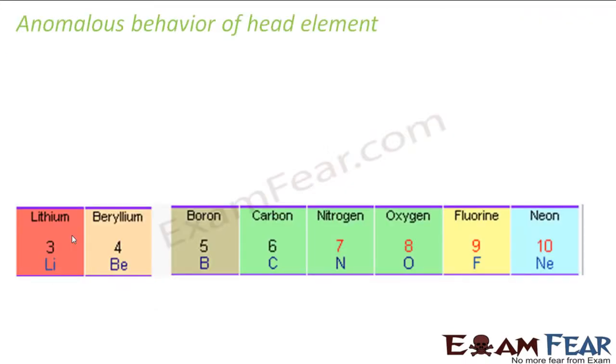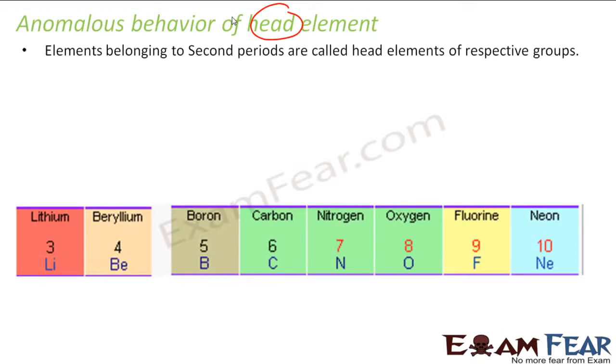Also, one more strange behavior they found is the anomalous behavior of the head element. So what they have seen is the head elements have extremely different characteristics. So what is the head element? These are my second period elements, right? My first period here will be hydrogen, and here will be helium.